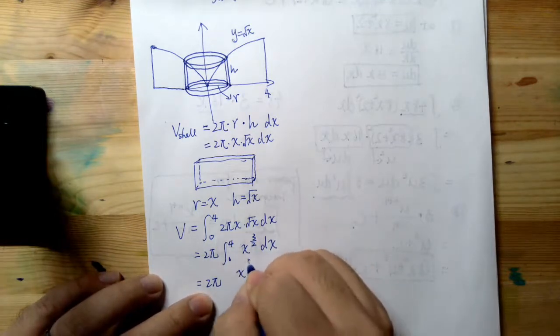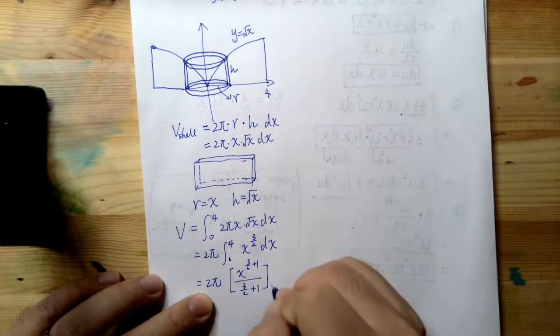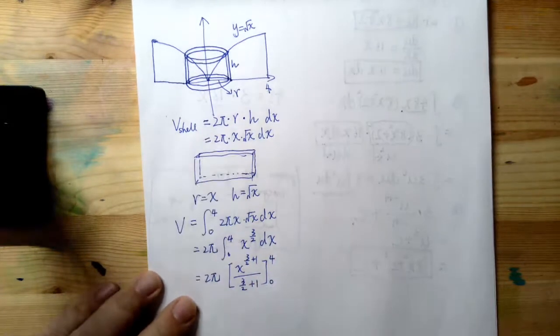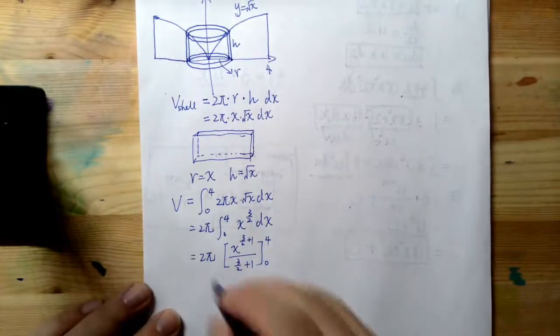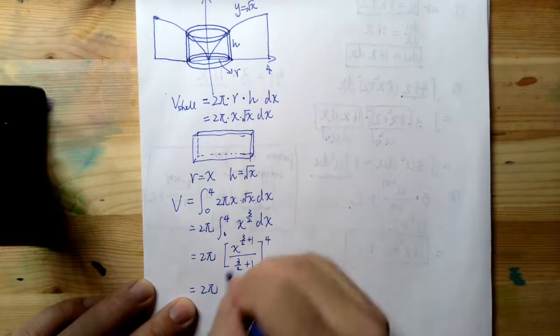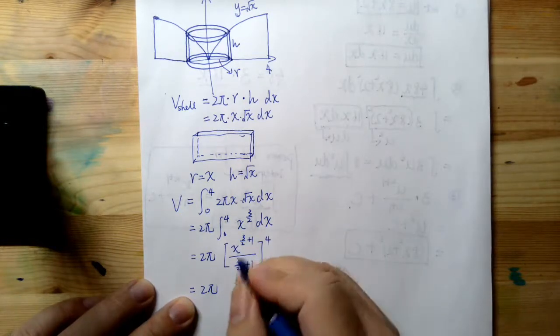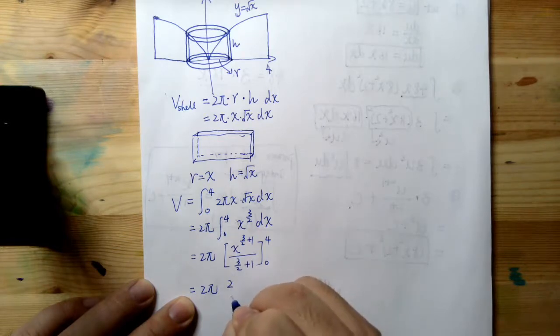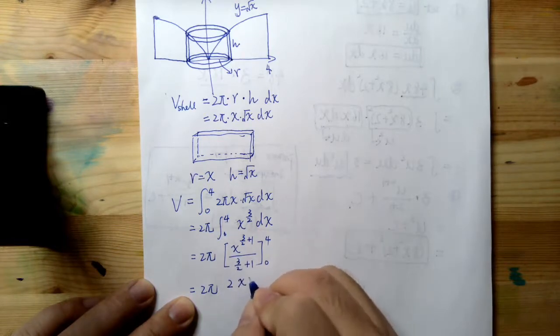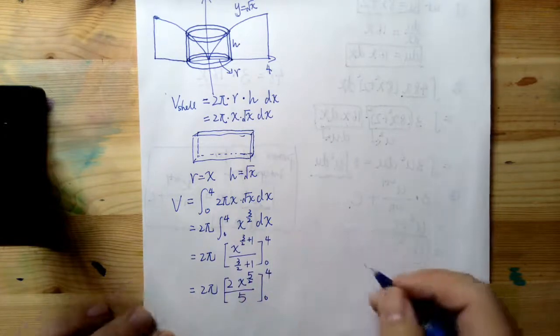We write it as a power, so it's easy to find the antiderivative. That is x to the 3 halves plus 1 over 3 halves plus 1, from 0 to 4. We can do some simplification. This is 5 over 2, so it's going to be 2 x to the power of 5 over 2 over 5, from 0 to 4.